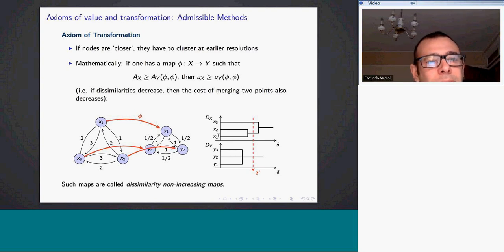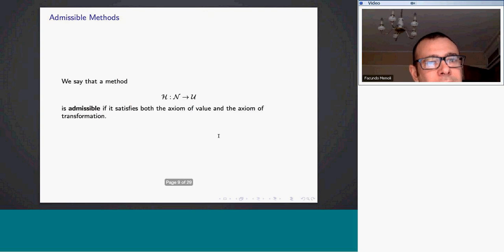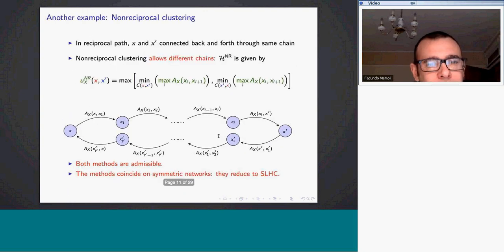This gives a new network, a subnetwork of the original network. Now apply your method again, but now to this subnetwork. The method is excisive if that result is identical to the restriction to the subnetwork. So that's local consistency.